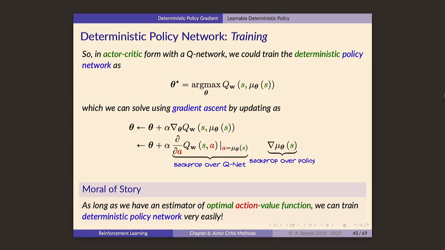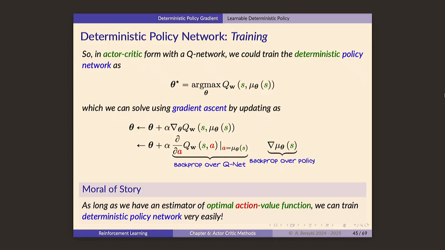So the moral of the story here is that if you want to have an estimator of the optimal action value function, you can simply backpropagate once over your policy network, once again over your Q network, and now you have everything that you need to update both networks, right?